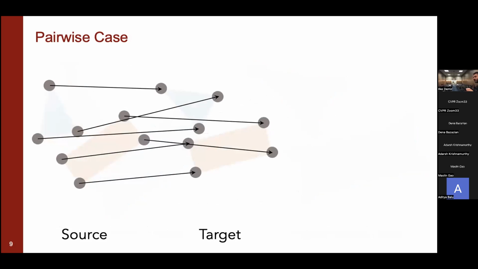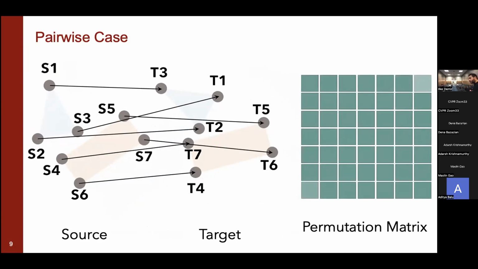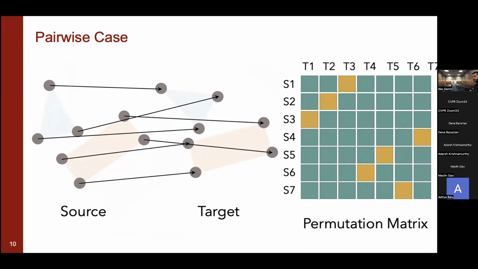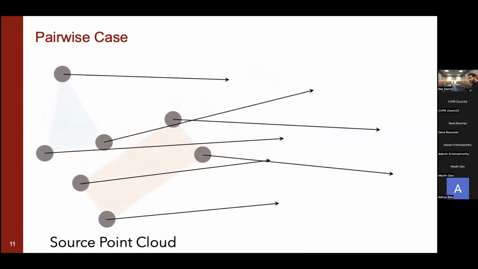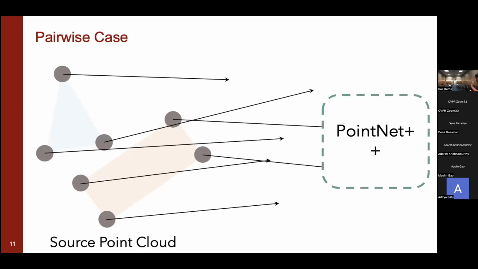We associate those, and this is the initial relation between these two point clouds, and we can encode this into a permutation matrix, where each cell is 1 whenever there's a correspondence between those points. Easy. And given that, basically these vectors and vertices, I can throw all this piece of information into a neural network.